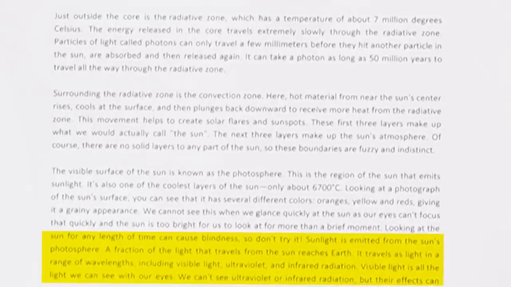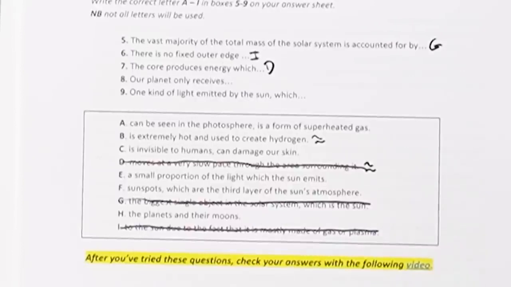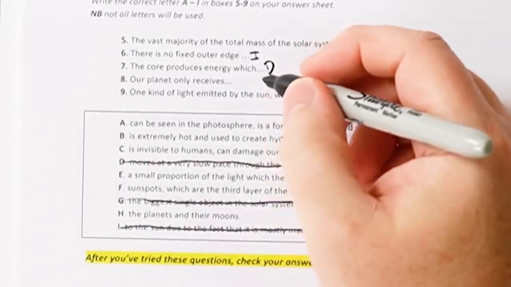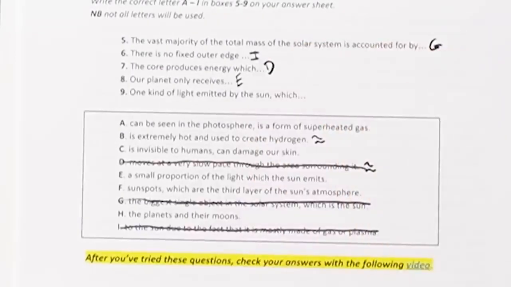Sunlight is emitted from the sun's photosphere. A fraction of the light that travels from the sun reaches Earth. A small proportion, so a fraction, a small proportion. These are direct synonyms. So we're going to put 8 as E. You can see these questions are as much vocabulary questions as they are reading questions. It's testing scanning, but when you're scanning, can you identify the correct synonym?